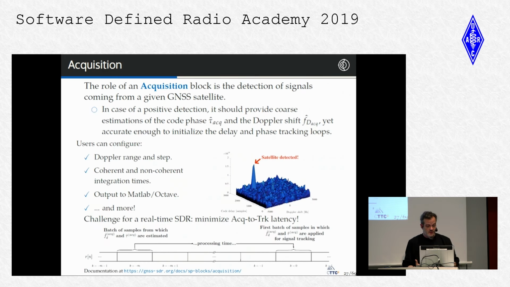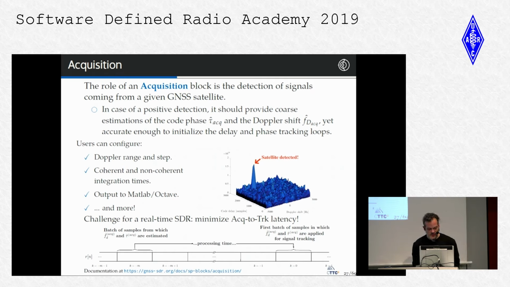And in case of positive acquisition, it should provide a rough estimation of time delay and Doppler frequency in order to fit the tracking loop and track the evolution of those parameters. So once you have this peak detected, you will have an estimation of time delay and Doppler shift that you can inject into the tracking loops.